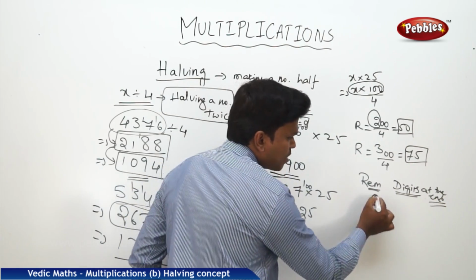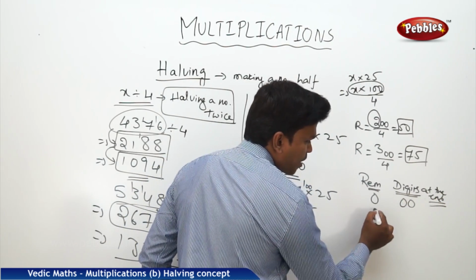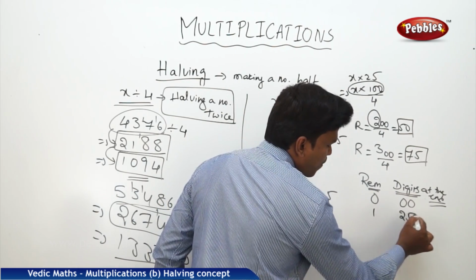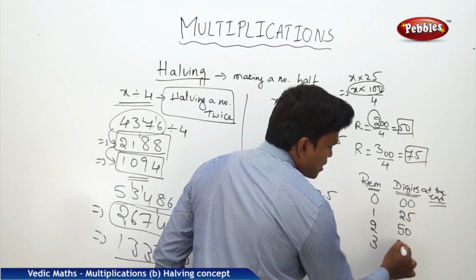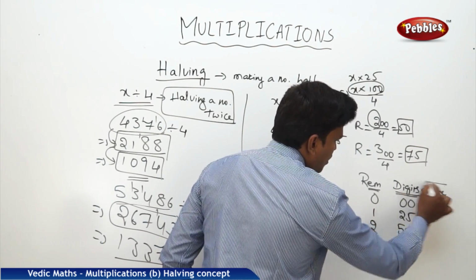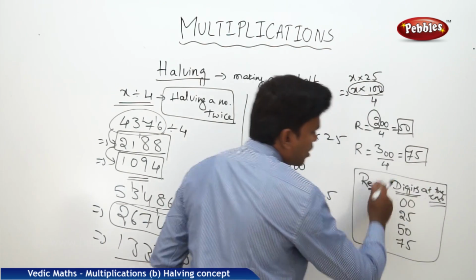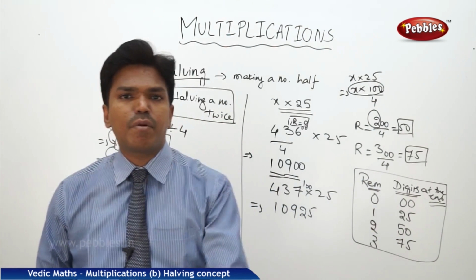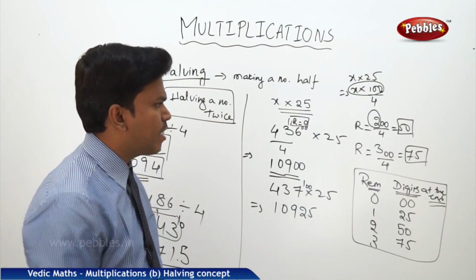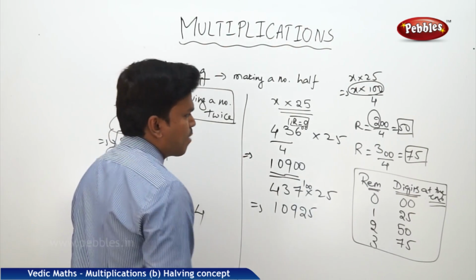If you are getting 0 as remainder, add 2 zeros. If 1 as remainder, add 25. If 2 as remainder, add 50. And if 3 as remainder, add 75. This is the remainder table and the corresponding digits which you need to add at the end when you divide a number by 4.